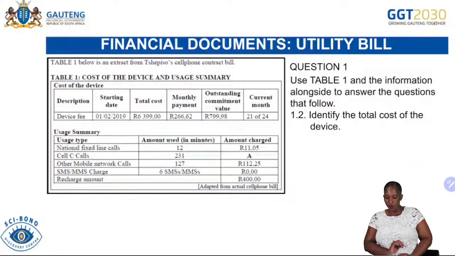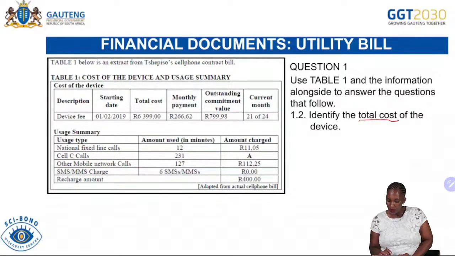Now let's go to question 1.2. Identify the total cost of the device. What I like about financial documents is that the answers are there. You don't need to scratch your head. The answers are right there in the document. When you go back to the table that is given, it says the total cost.